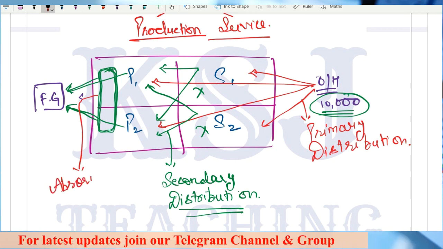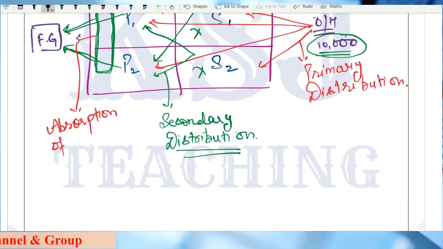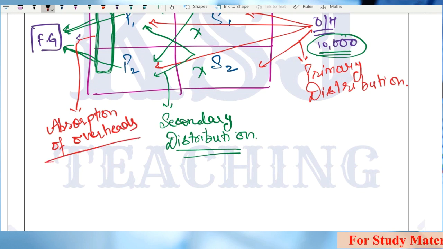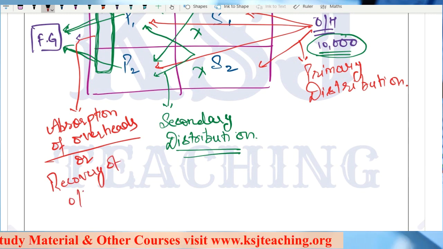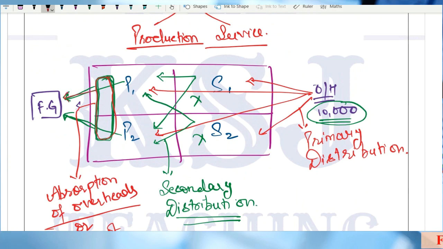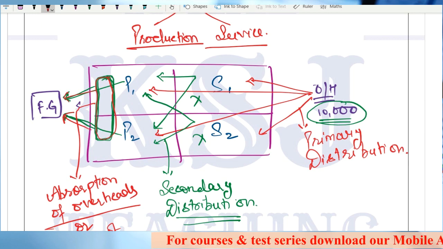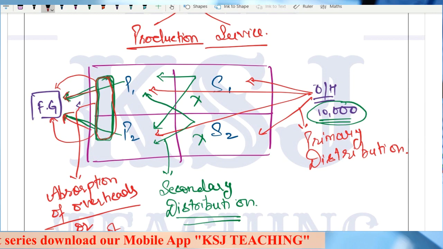This process is known as absorption of overheads, or there is another name for it: we call it recovery of overheads. That means we are absorbing all this cost of the production departments into our finished goods. Why is it called recovery of overheads? Because we are recovering these overheads from the output of that production department.